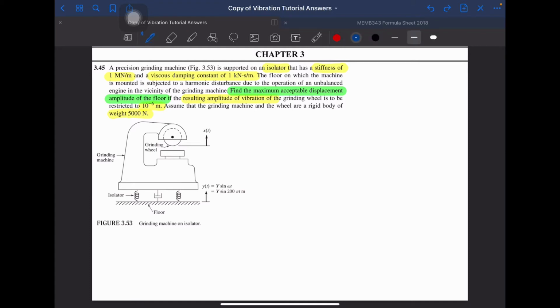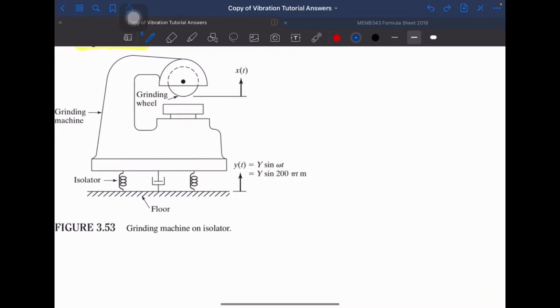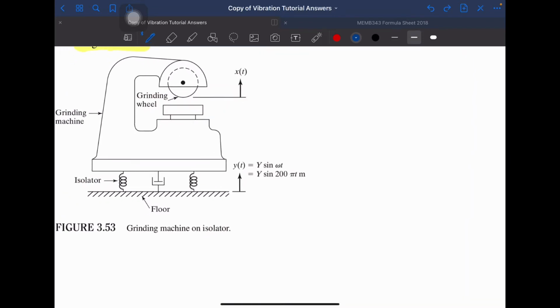It's basically very simple. Before that, I'm going to explain what x and y are. As you can see from the formula, there's x and also y. y is normally the base, x is normally what is on the base. So the base over here is the floor. The question also gives you in the figure, the machine is x and the base is y.